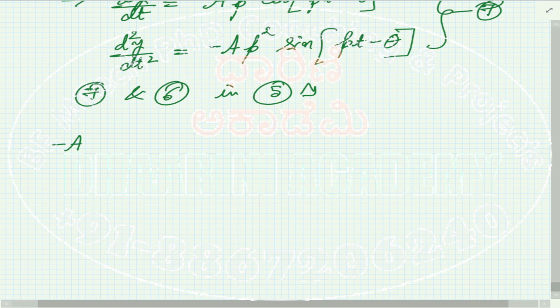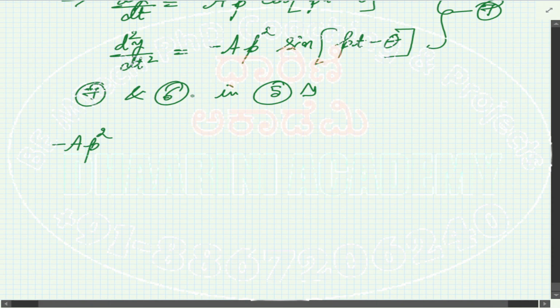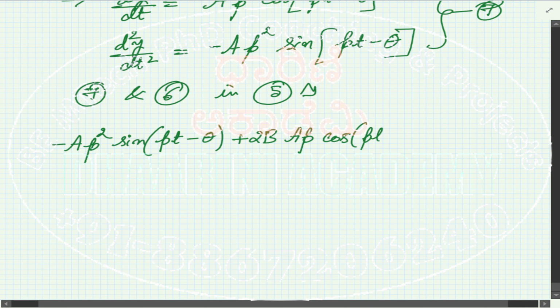So I have to write the terms containing p square: a into p square into sine of pt minus theta. Then we have 2 times b into dy by dt, so dy by dt is a into p into cos of pt minus theta.